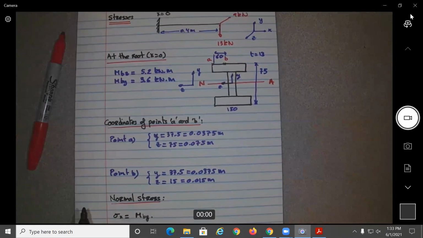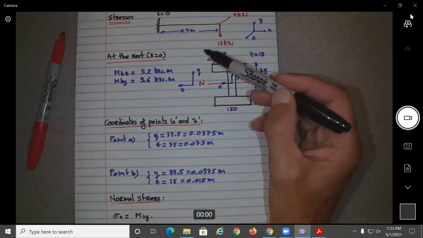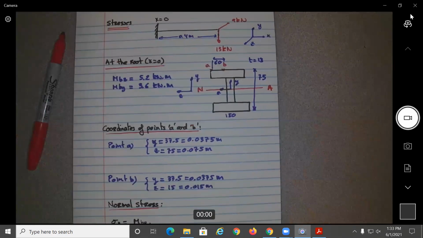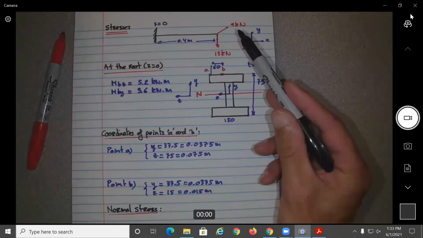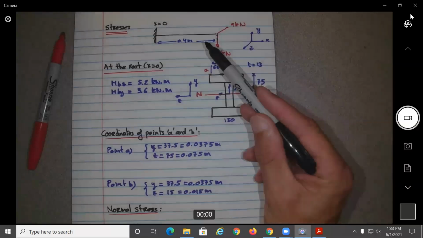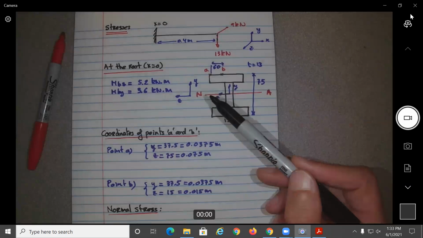Wait, let's be careful here. No, sorry. The 5.2 is MBZ. I mean, we can start by MBY, it doesn't matter. But if we do MBY, this would be the moment created by the 9 kilonewton force. 9 times 0.4 is 3.6. So this will create a moment in that direction.